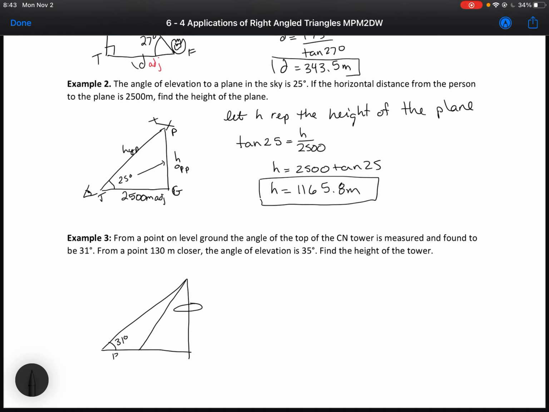Then I'm going to move 130 meters closer, so that means this distance. The angle of elevation is now 35 degrees, but I want to look for T here. So let T represent the height of my tower.